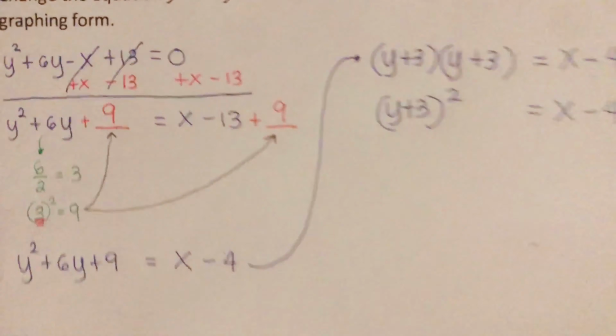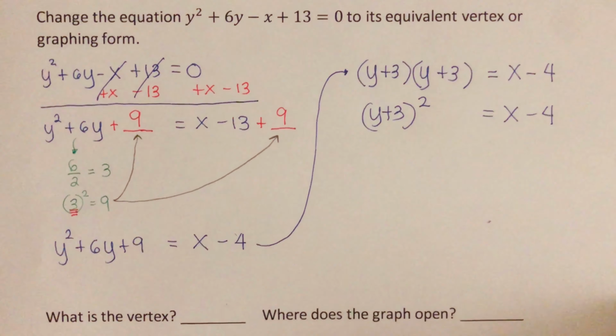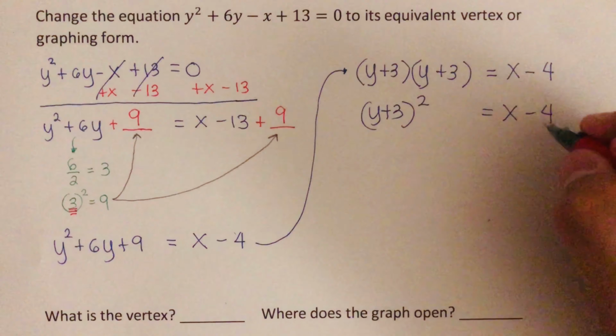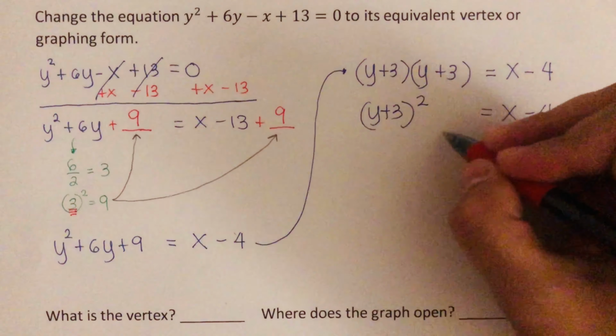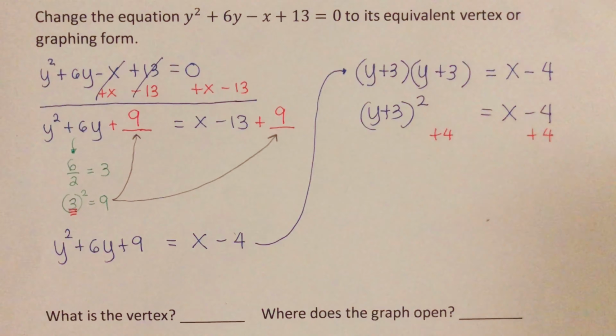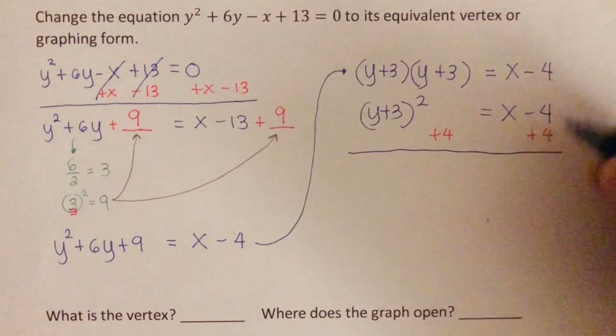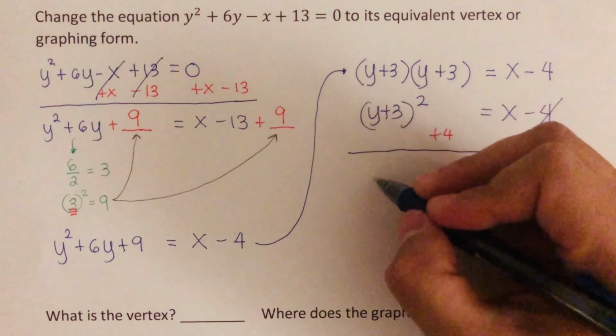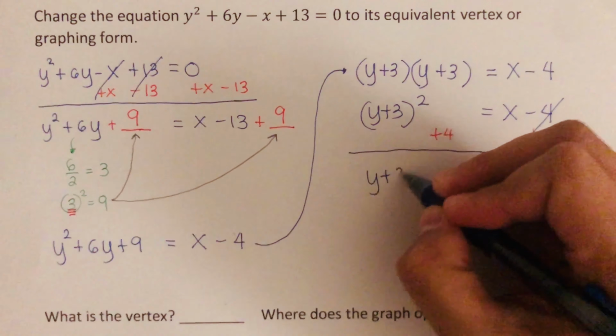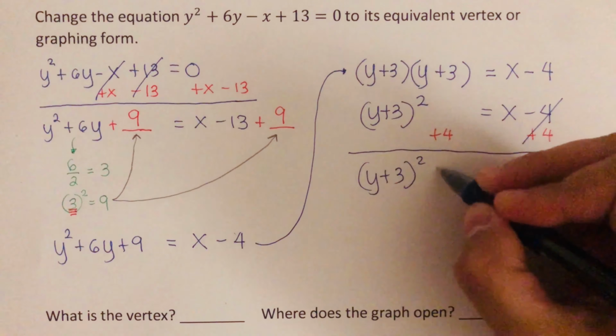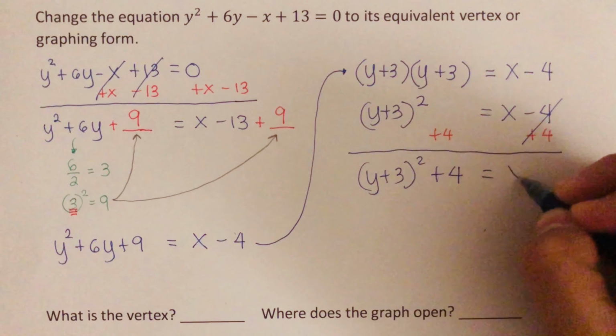So we have to isolate the x by itself on one side. So we add 4 to both sides, plus 4, so that we can have x by itself. So we can cross this out. So we're left with y plus 3, squared, plus 4 equals x.